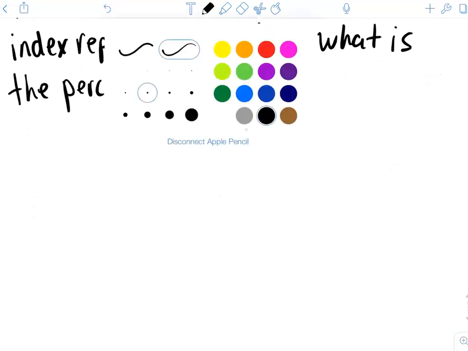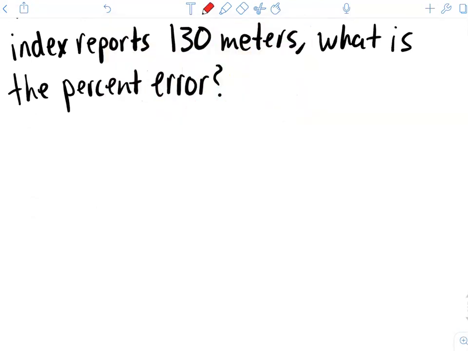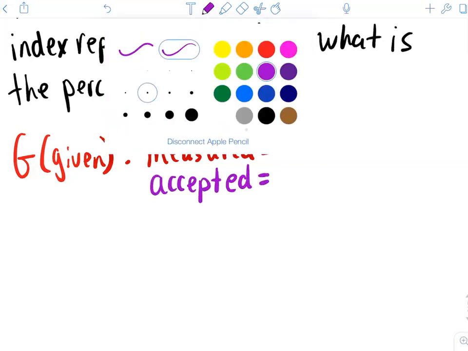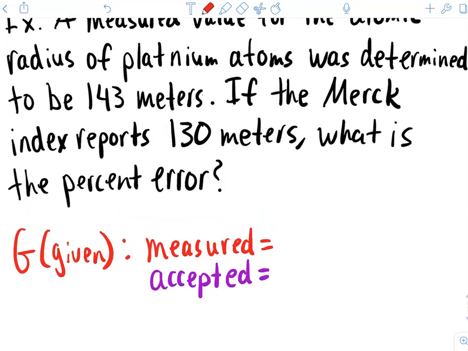Okay, well first, we've got to start out with our given. And for right now, I'm going to write given beside the G. If you know what it means, then you don't have to. Well, we first need to figure out our measured and our accepted values, because those are the things that we have to have in order to plug into our equation. So the first thing is my measured value.